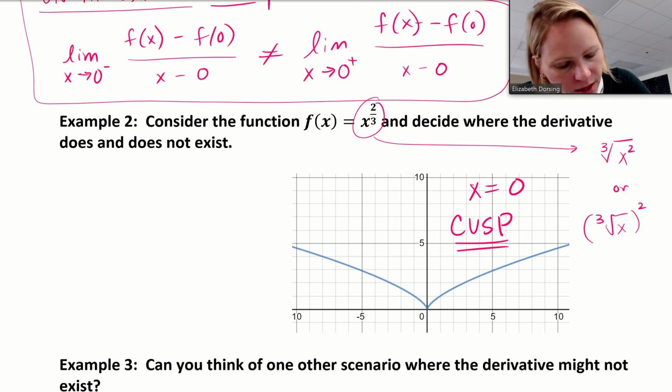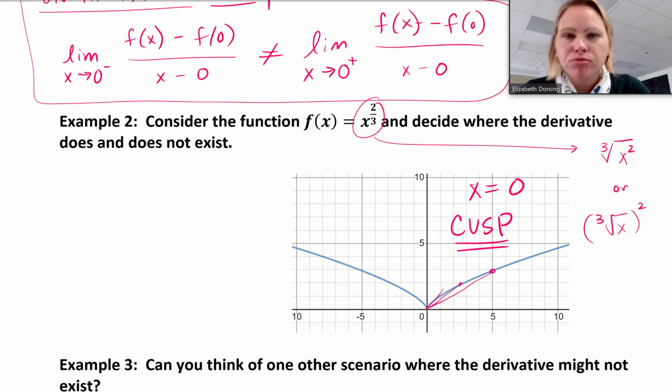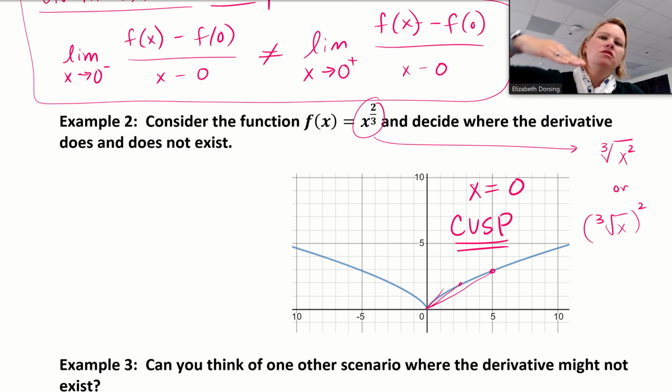So if we think about what's happening here, the slope on the right between 0 and any f of x point seems to actually be approaching infinity, because they're getting steeper and steeper and steeper. On the left, they're doing the same thing, but they're negative slopes approaching that infinity. So what we have is they're approaching some undefined value.